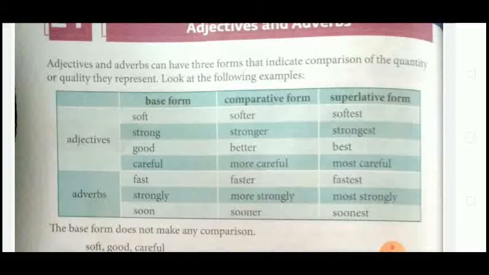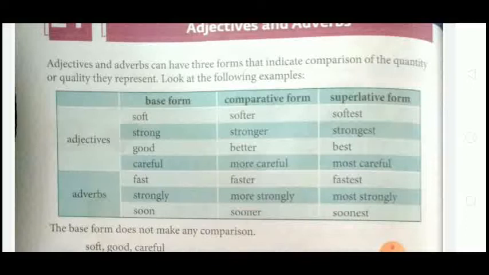When the word consists of more than one syllable, then we use more and most: careful, more careful, most careful. Then fast. Now adverbs: if the adverb is fast, then faster, fastest; strongly, more strongly, most strongly; soon, sooner, soonest.